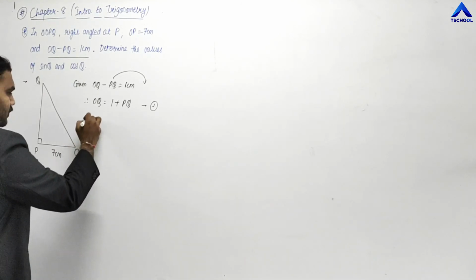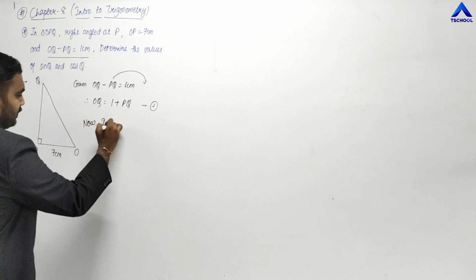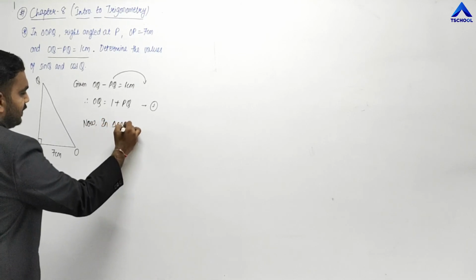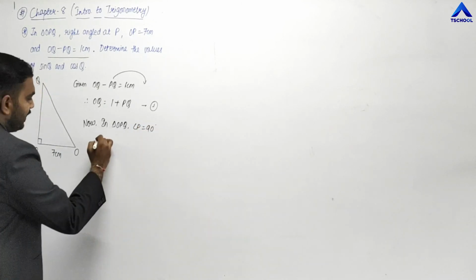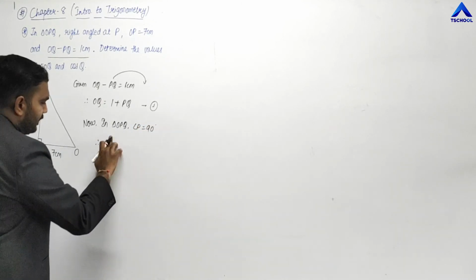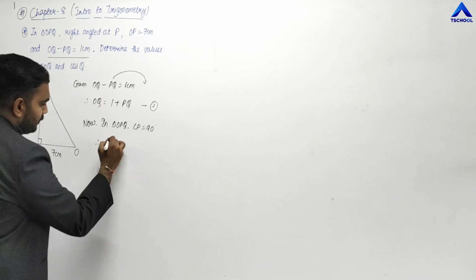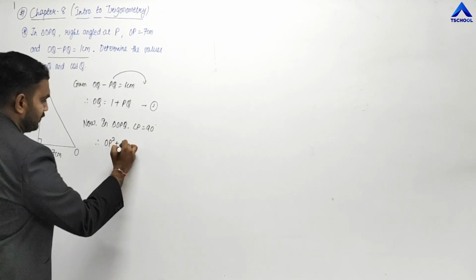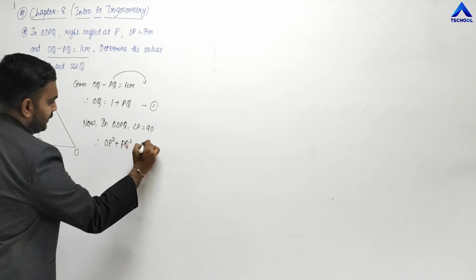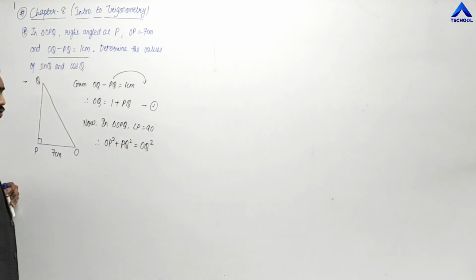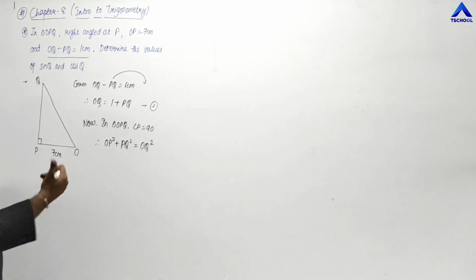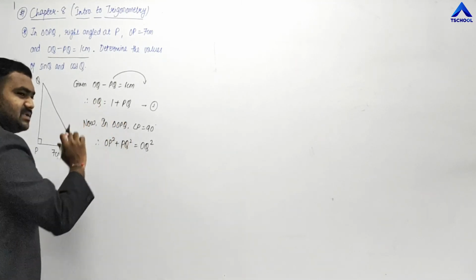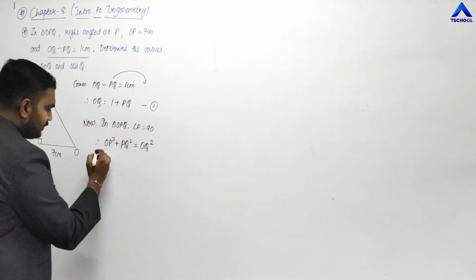Now, in triangle OPQ, angle P is equal to 90 degree. Therefore, OP square plus PQ square is equal to OQ square. Yes or no? OP is given 7, PQ we are not given. Let us keep it as it is, and OQ, that we have got as 1 plus PQ.